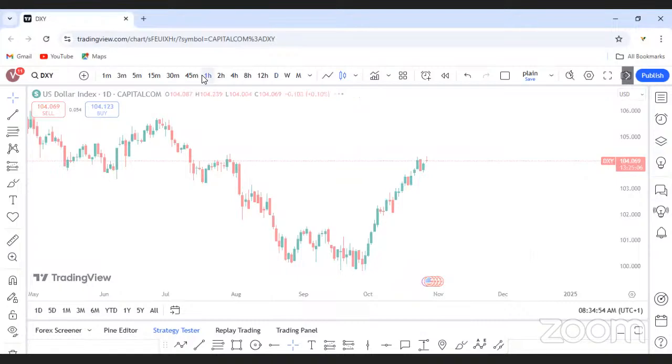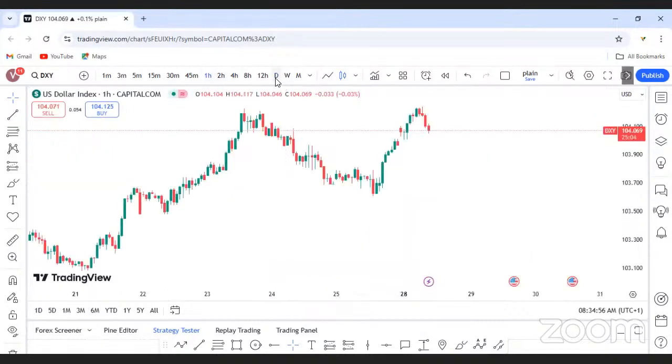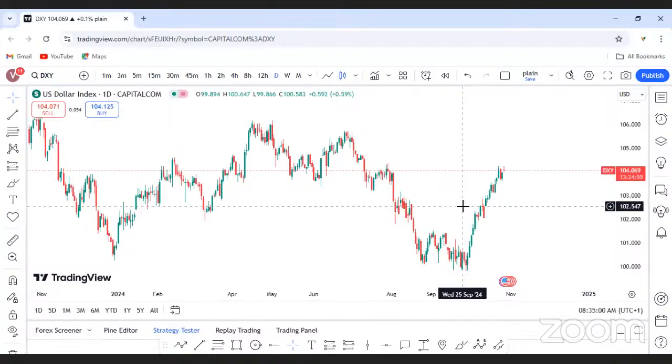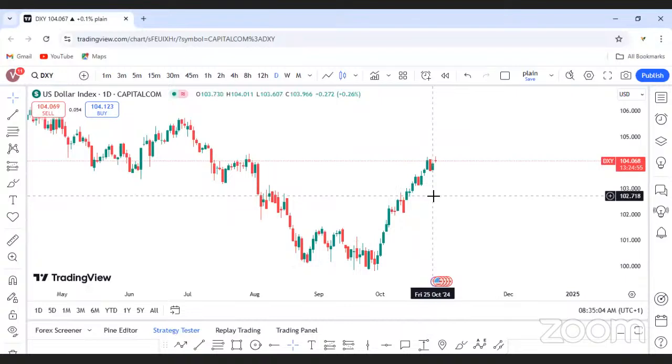So first off, looking at the DXY on the daily time frame, you can see that the DXY has already expanded so much and so far, and we're looking forward to seeing what is going to transpire during this period as we step into the new month. In about 10 days from now, we're going to be seeing outcomes of the elections in the US, and we want to see how that is going to affect the dollar index.